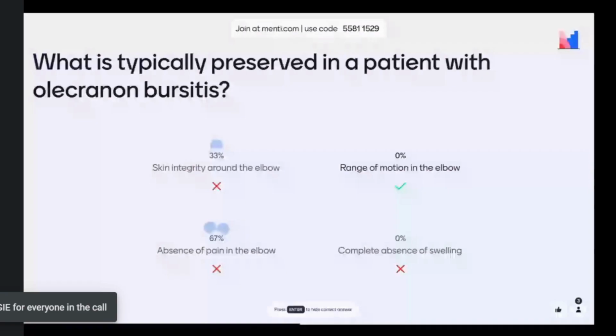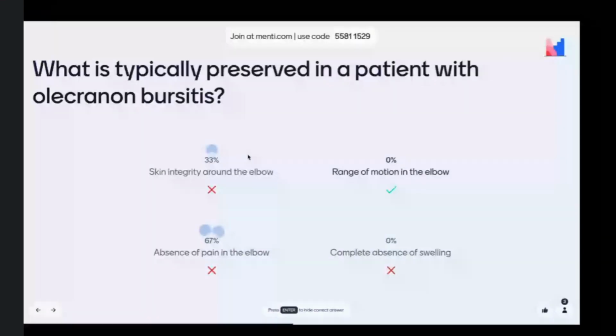But for skin integrity, no, it will not be preserved. We talked about the inflammation, so there will be inflammation, redness and swelling, and there will be pain also. All of these will be present in our patients, so they are not preserved.